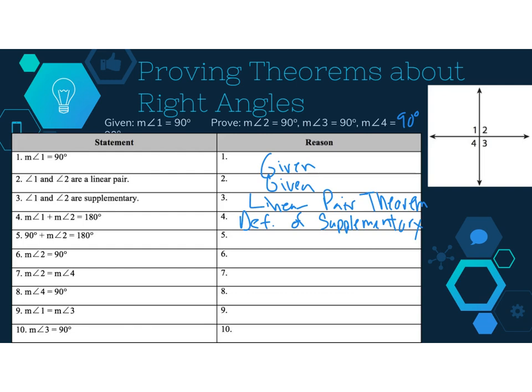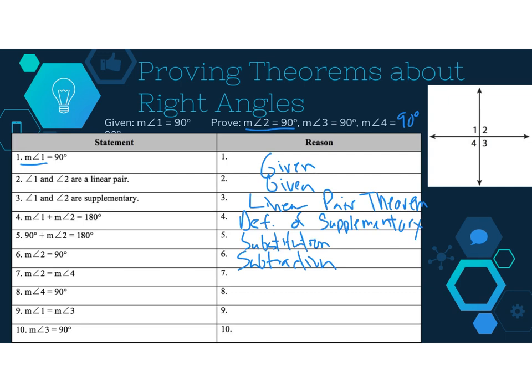And then since we are told up here in step 1 that measure of angle 1 equals 90, we can substitute that in. So that is substitution property of equality. And then we subtract that 90 over, so that is subtraction property. And that gives us our first one of measure angle 2 equals 90.